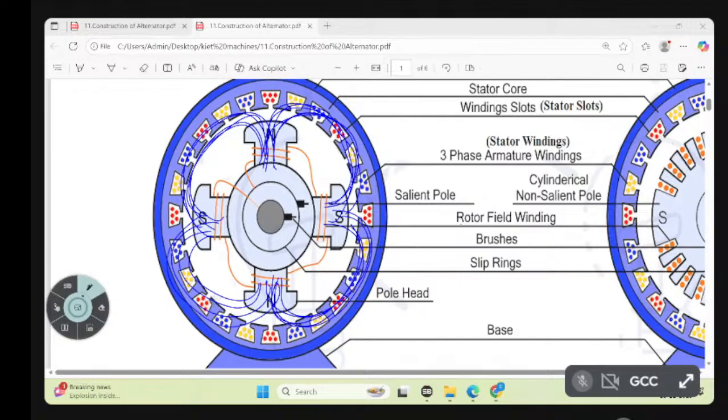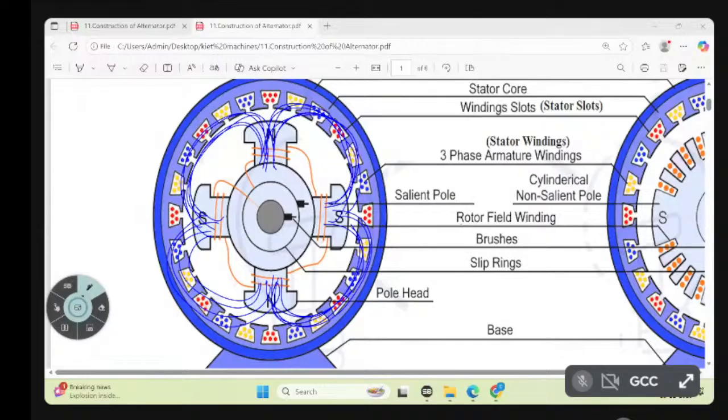So instead of rotating the conductor, I am rotating the field. Field is rotating. What happened? Field is rotating or conductor is rotating, but the main idea is the conductor has to cut the flux or the flux has to cut the conductor. The two are different.